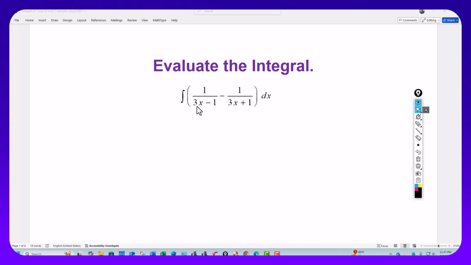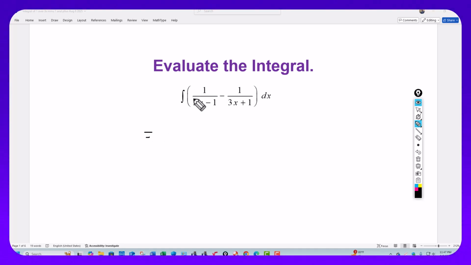Do one at a time here and let U equal 3x minus 1. And then for the second integral of minus 1 over 3x plus 1, let U equal 3x plus 1. But we can use the formula now, once you derive it, or your instructor gives you access to it.